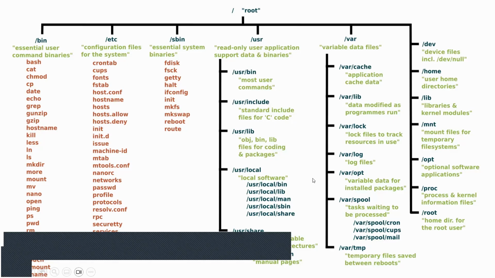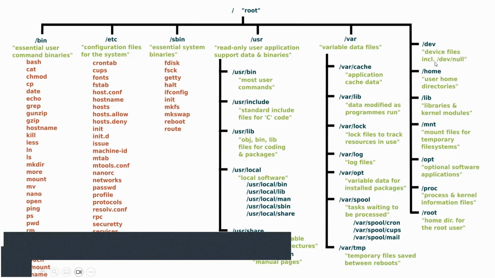So these are the read-only programs that we are talking about for the libraries, and usr share for the shared data like manual pages and others. So slash var is the variable data files that we have. We have logs, cache, mail queues, and temporary files that persist between reboots.